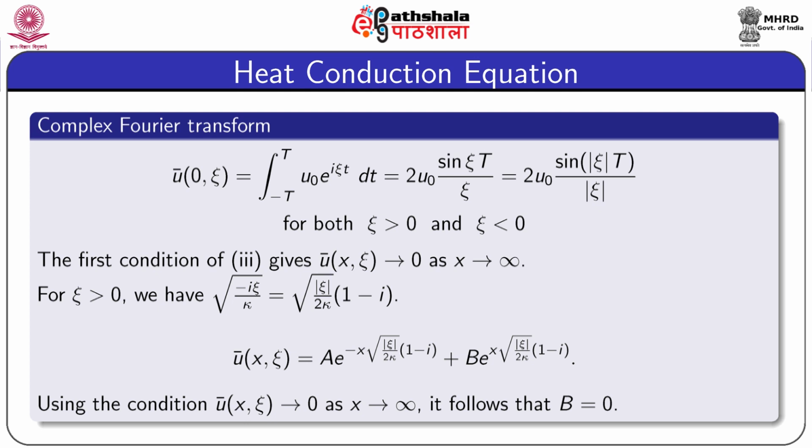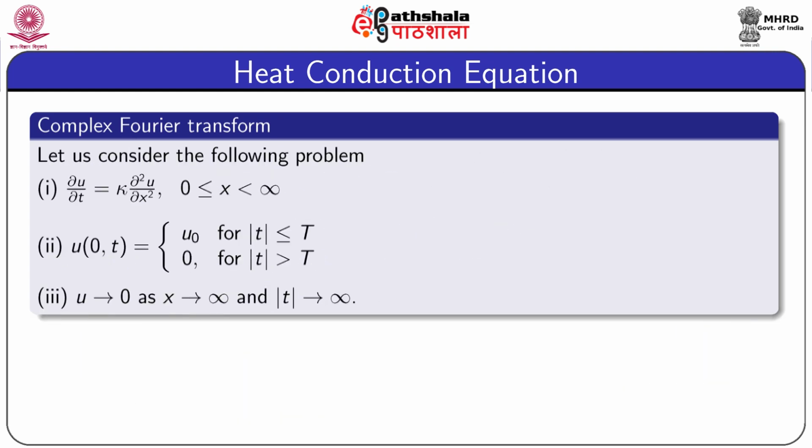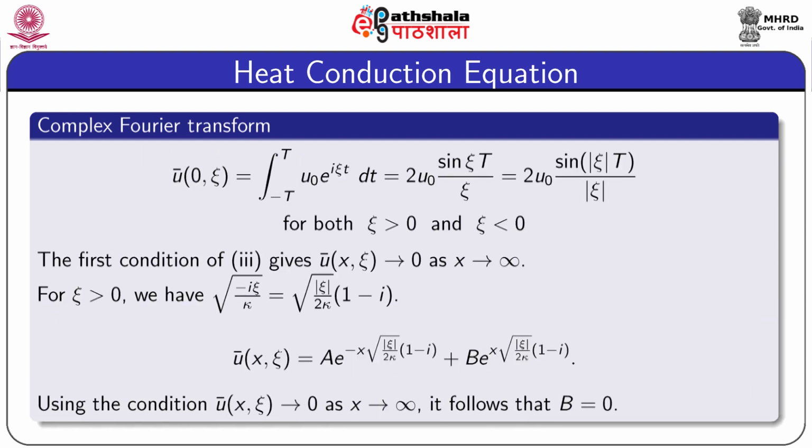Now, we apply the Fourier transform to the given condition. If you look at condition 2, this is the boundary condition. If we apply the Fourier transform to that, it gives ū0(ξ) equal to the integration from minus infinity to plus infinity of u0 e^{iξt} dt.